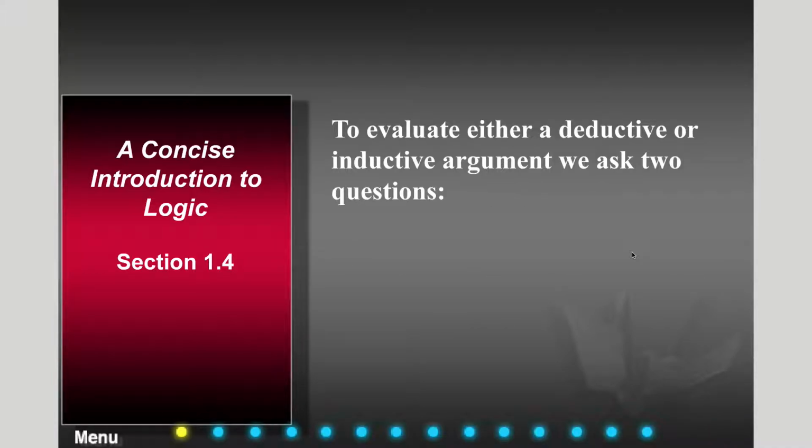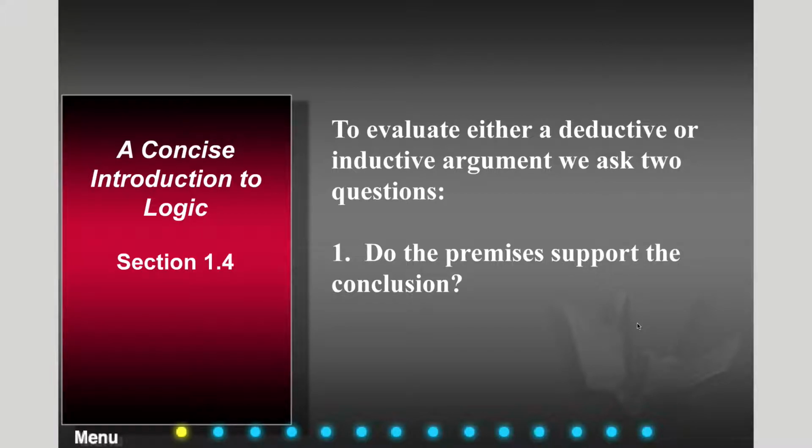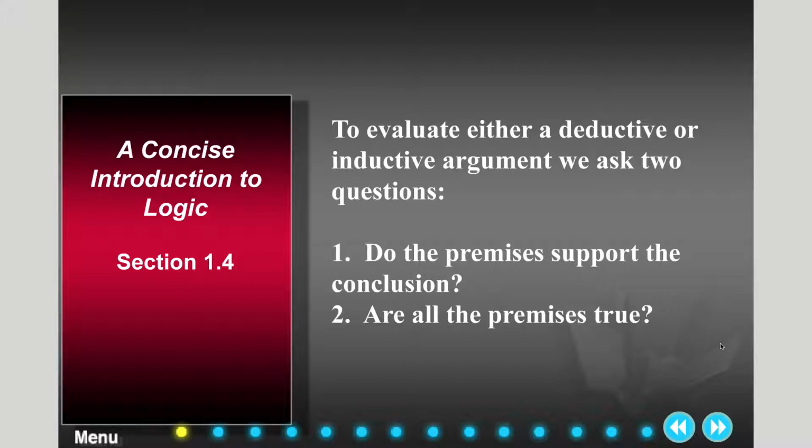Okay? So to evaluate either a deductive or inductive argument, we ask two questions. Do the premises support the conclusion? Are all premises true? Notice that so far when we've been talking about arguments, we haven't even gotten to this. Are the premises even true? When it comes to validity in deductive arguments, and strength or weakness in inductive arguments, what we need to recall is that at that point you're not asking whether the premises are actually true.